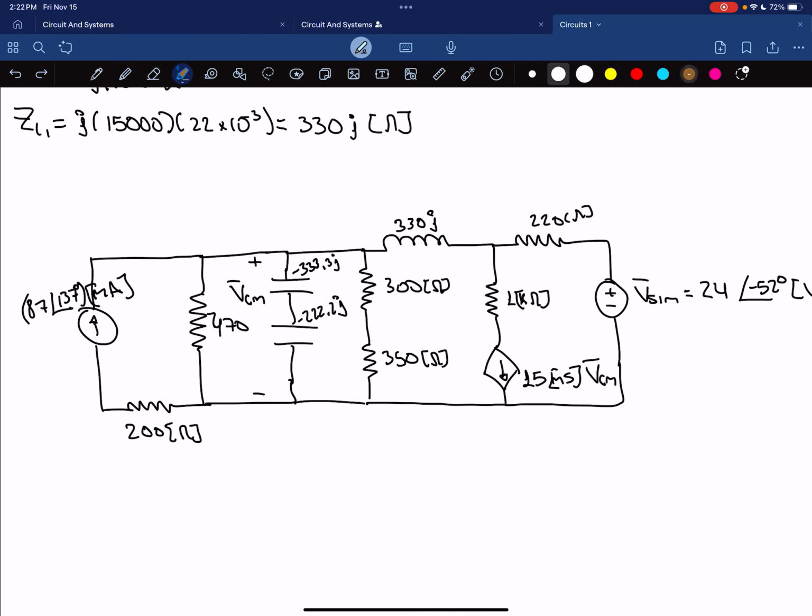And to do that, I'm going to color my nodes. I'm going to color this node right here, and I'm going to make that my ground. Also for the other ones, I need to find my essential nodes, and I have to have three or more elements. It can be capacitors, inductors, resistances, or sources, in order to qualify as an essential node.